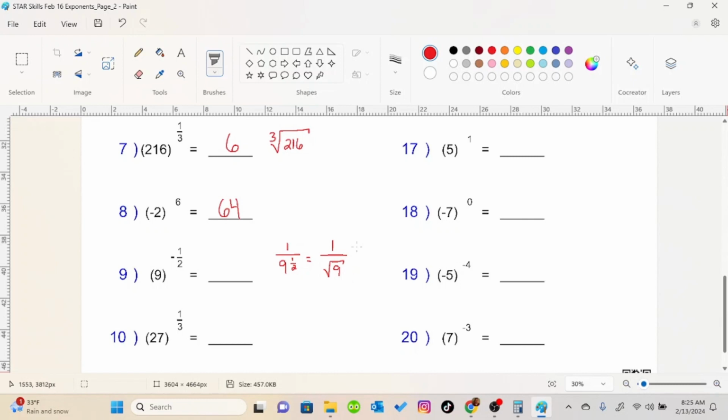And the square root of 9, this could be 1 over 3 or negative 1 over 3. Because the square root of 9 can be 3. 3 times 3 equals 9. Or the square root of 9 could be negative 3. Negative 3 times negative 3 equals 9.